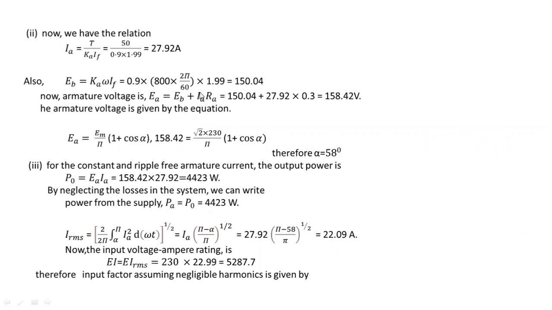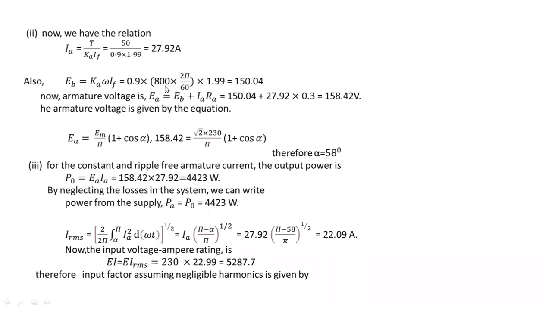Now, in this equation, we know Ia, and Ra has been given, but we need to calculate Eb. To calculate Eb, we know this formula, constant into omega into If, where omega is in radians per second, but speed has been given as 800 RPM.